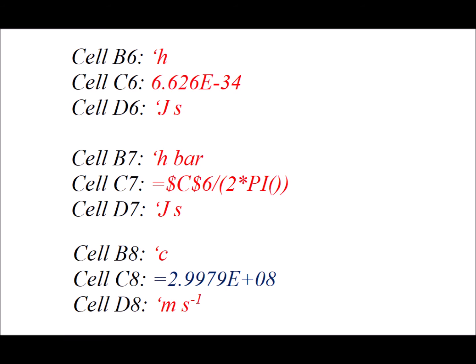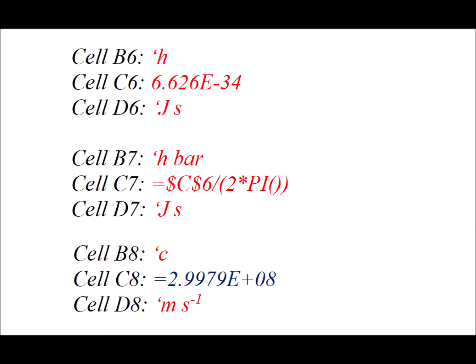In cell B6, we have the label H for the Planck's constant. In cell C6, we write the value of that constant in scientific engineering notation. And in cell D6, we note that the units are joule seconds.